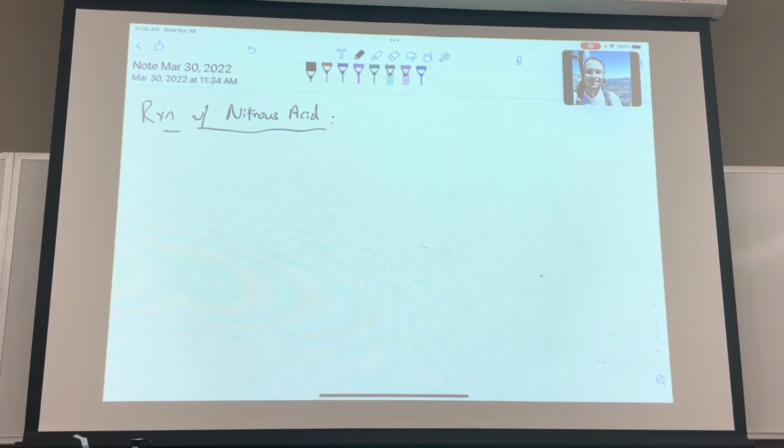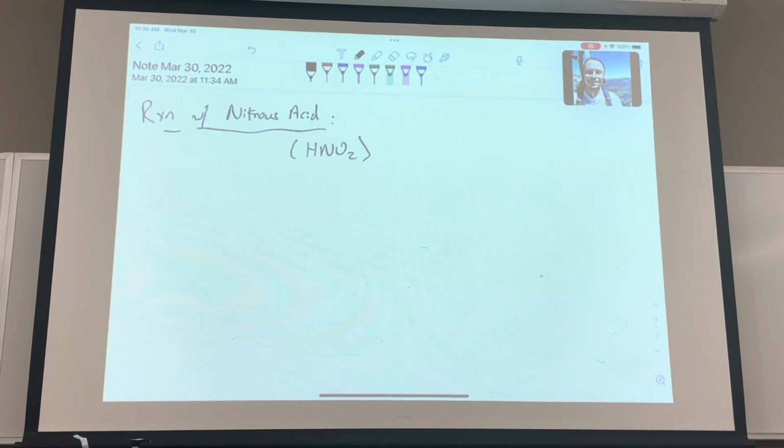If you think back to what nitrous acid is, we all know nitric acid is HNO3. It forms from the nitrate ion. Any kind of an OUS acid, if you remember, comes from the ITE ion. So this comes from the nitrite ion. And so what nitrous acid looks like is HNO2.